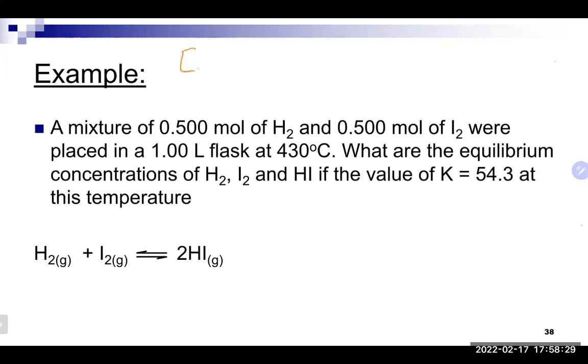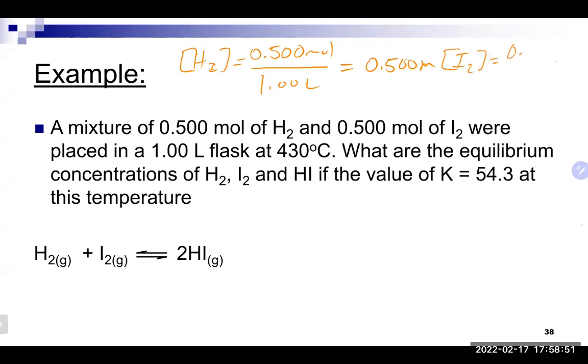We can easily calculate the concentration of H2 by taking the moles divided by the liters, which in this case is dividing by 1, which makes the math pretty easy. That's going to be 0.5 molar for our H2, and it will be the exact same for our I2. That's 0.5 moles per 1 liter, giving us an opening concentration of 0.5 for each of them.